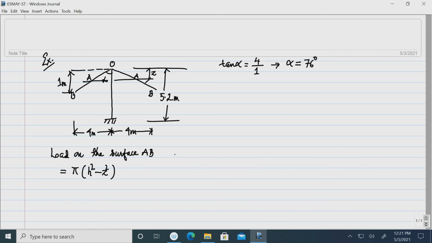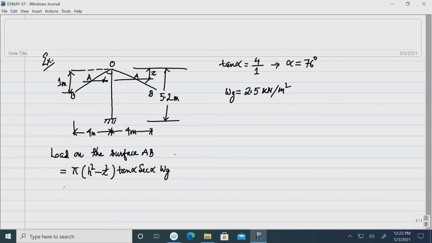Here z2 is h and z1 is z, into tan alpha sec alpha into the component of the load in the vertical direction. Now, only the vertical load is applied. So, vertical load Wg is 2.5 kilonewton per meter square.